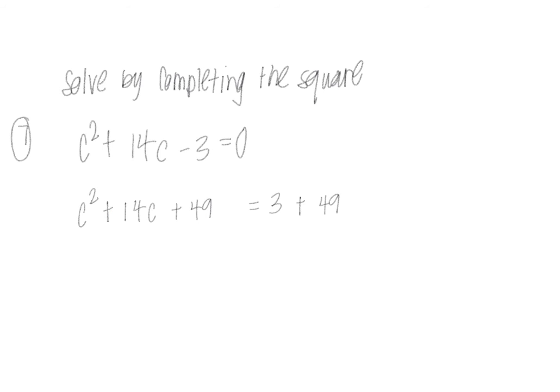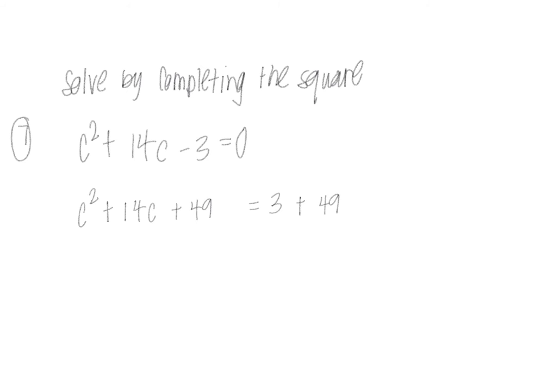Because think about factoring something. You're looking for something that multiplies to give you this and adds to give you this. 7 and 7 multiply to give me this and add to give me this. It will always be when you factor a perfect square trinomial, and that's what it will be when you complete the square because you created it. It'll always be half of this number in sign.